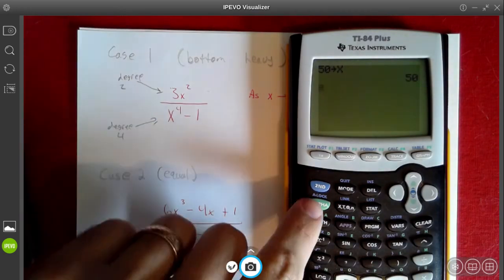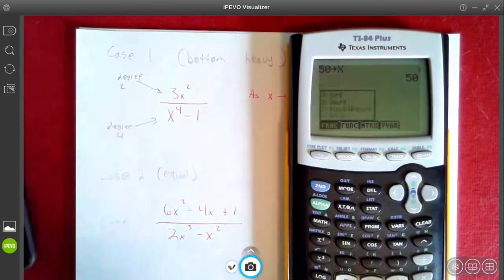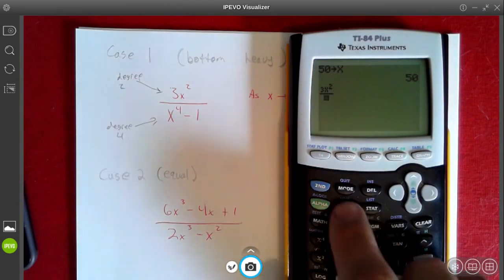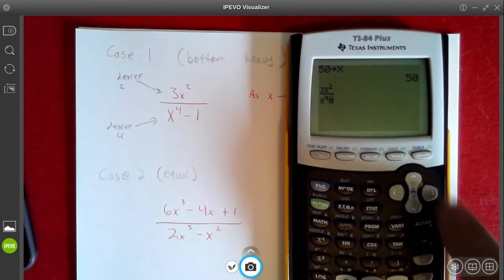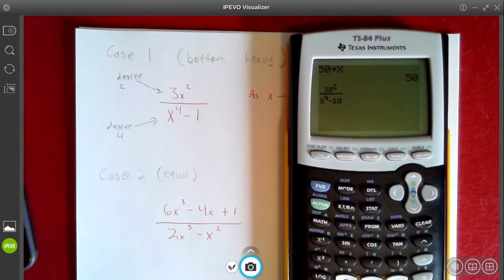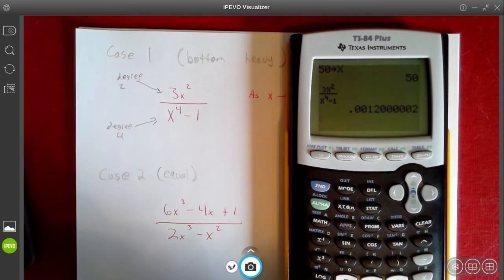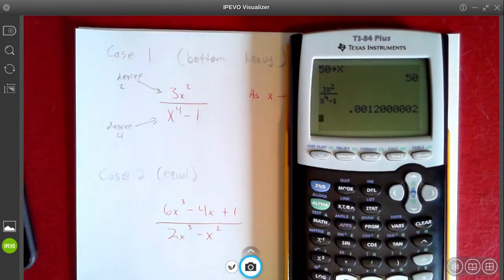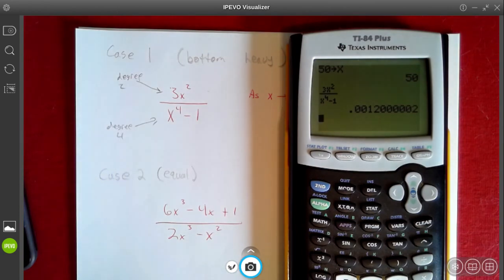If I plug that value in, I'm going to get 3x squared over x to the fourth minus 1, and I get 0.001 with a bunch of little decimal places. This is a really small number.